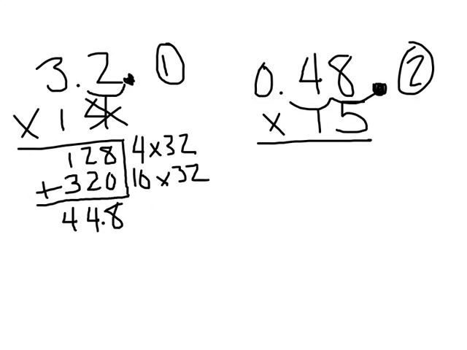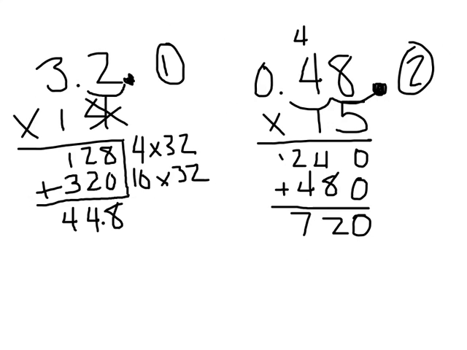Multiply 48 times 15. Check your work with mine. When I multiply 48 times 15, I get 720. Where should I place the decimal? I need 2 digits behind the decimal, so my answer is 7 20/100.